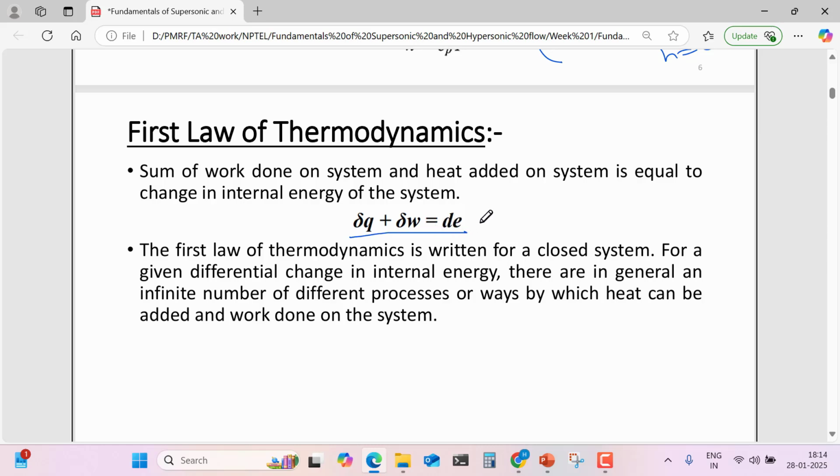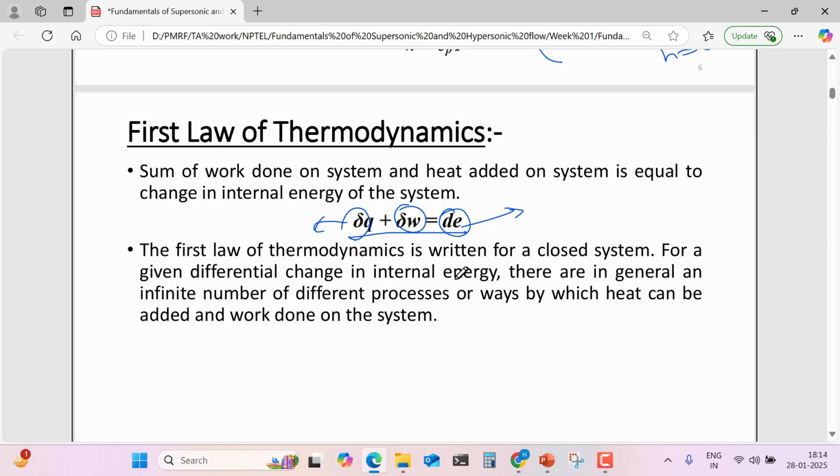Here the internal energy is a state function, a point function. That's why it is written as dE, and heat and work are both path functions. They change according to what path was taken to add the heat or do the work on the system. That's why these are written as del.